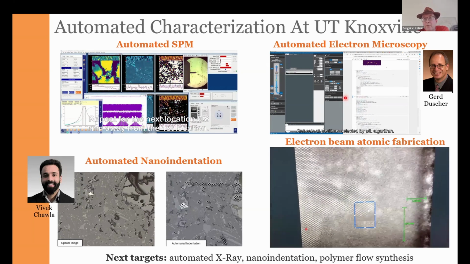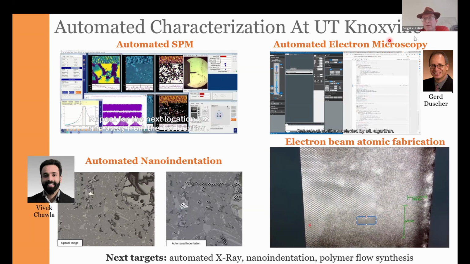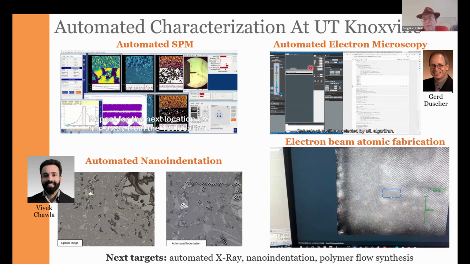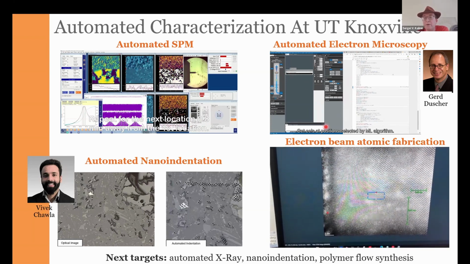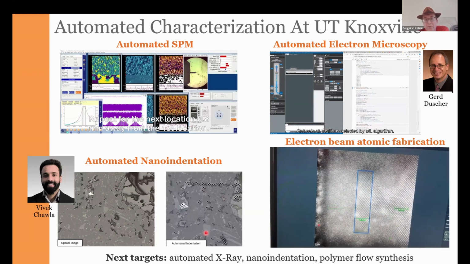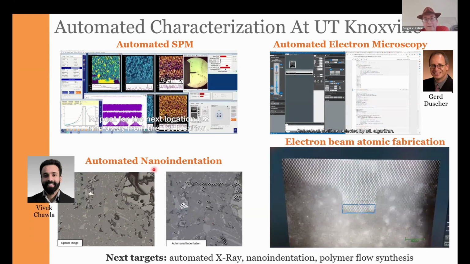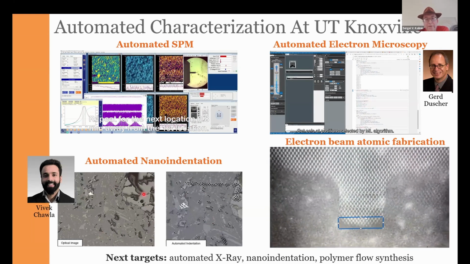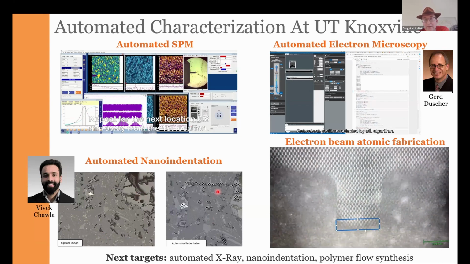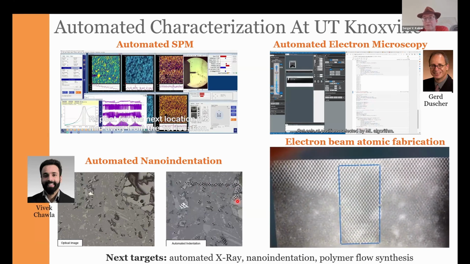We worked with my colleagues in electron microscopy to build the same type of effort in the electron microscopy field, so we have the same type of capability for the Spectra 300. And interestingly, we can do the same type of workflows for other probes, for example, automated nanoindentation, where we identify objects of interest on the surface and take indents only in the regions that we think are interesting.